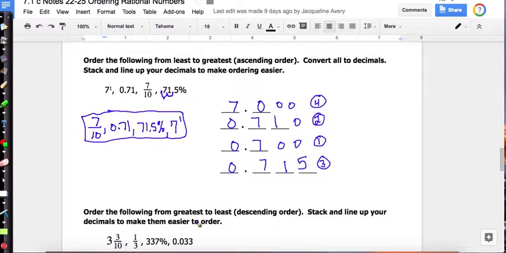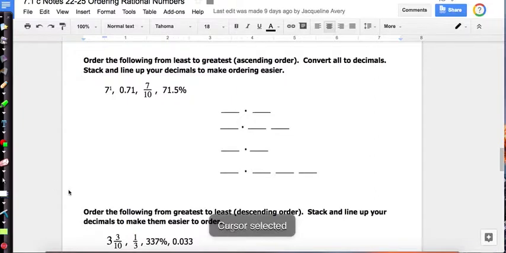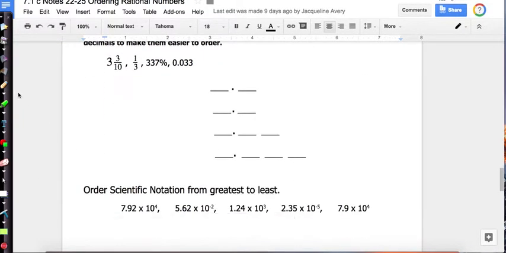Okay, the next problem says order the following from greatest to least, or descending order. So we're going to stack and line up your decimals to make them easier to order. So the first one is 3 and 3 tenths. So I can read that since it's out of 10, so it's 3 and 3 tenths. This one, 1/3, we already know that that is 0.3 repeating, so we can write 0.3 with a bar over the 3.